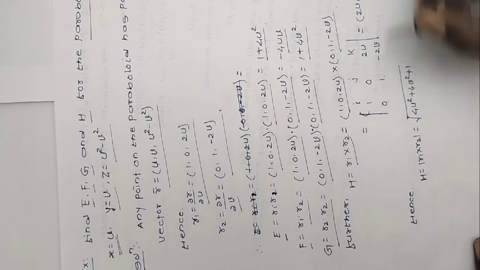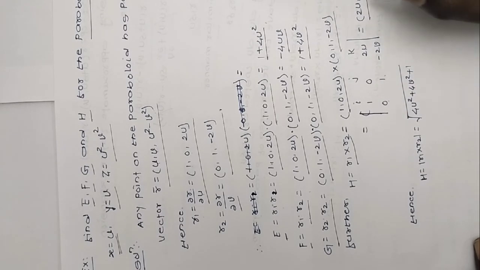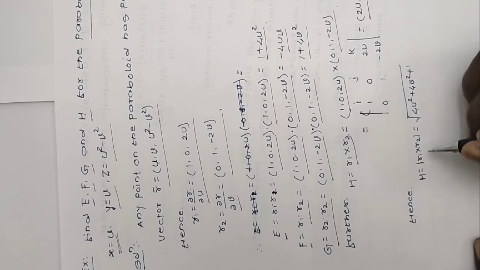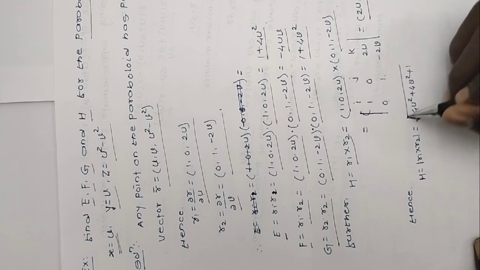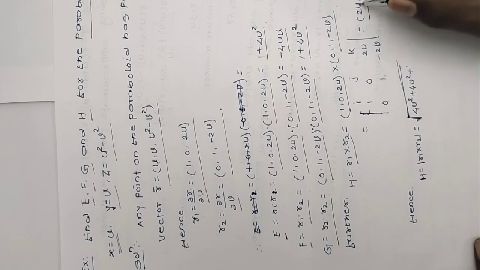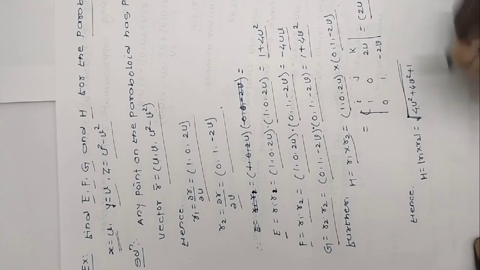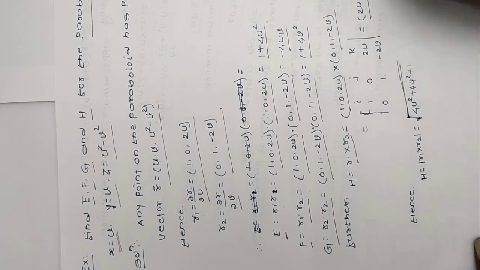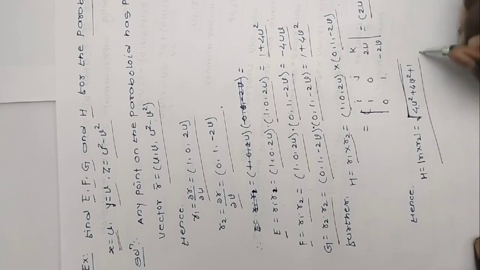By solving this determinant, we find 2u comma 2v comma 1. Hence capital H is equal to mod of r1 cross r2, which is the square root of 4u square plus 4v square plus 1. Hence proved.